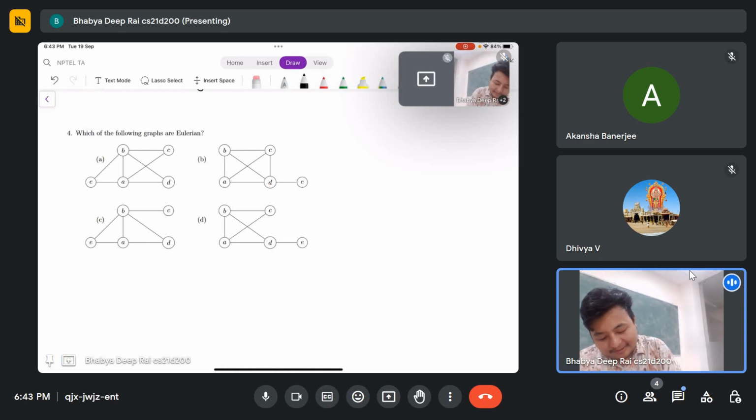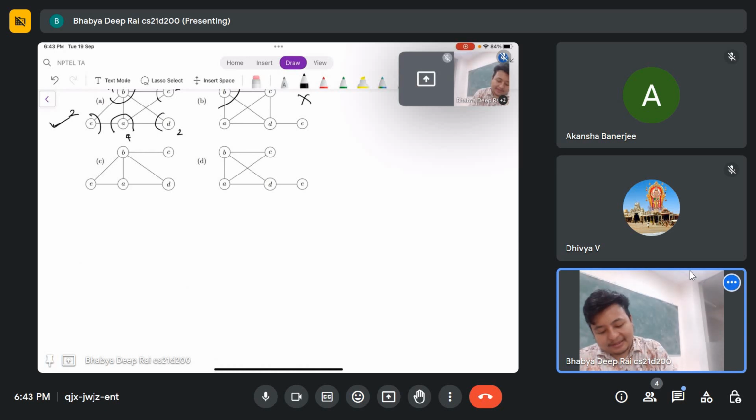So, what is the degree here? B is 4, C has degree 2, D has degree 2, A has degree 4, and E has degree 2. Now, this is all even, so this is good. Any more graphs which satisfy? Well, B has degree 3, already disqualified.